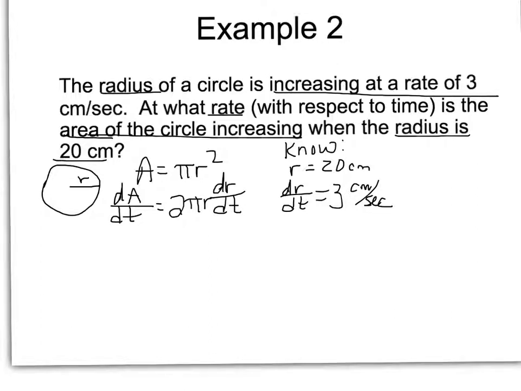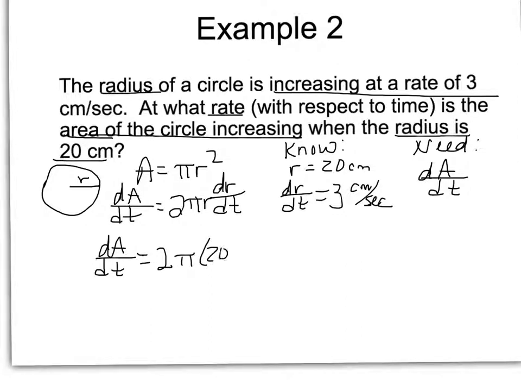Looking back through the problem, the only other thing is that it's asking me to find how fast the area is changing, so I need to find dA/dt. If I plug in all the pieces I know, I have 2 pi, the radius 20, and dr/dt is 3. So the answer is 60 times 2, which is 120 pi.